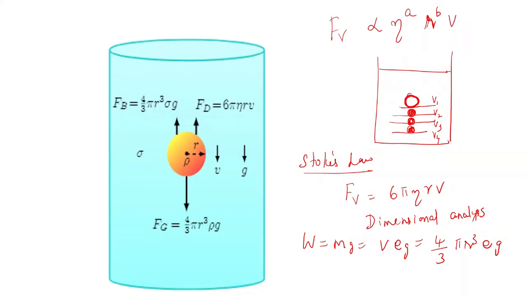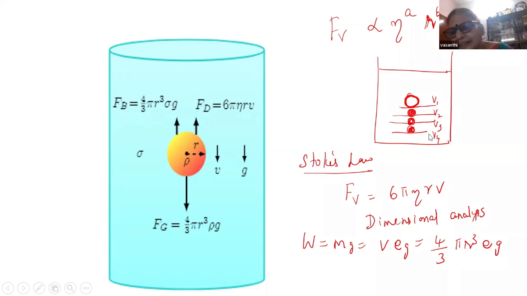But I am talking about if you neglect the other force, if you consider only the ball falling with increasing velocity, V1, V2, V3, the adjacent layers will acquire larger and larger velocity, isn't it? Yes, ma'am. So if you take this V2 layer, this ball will be under the influence of two velocities.